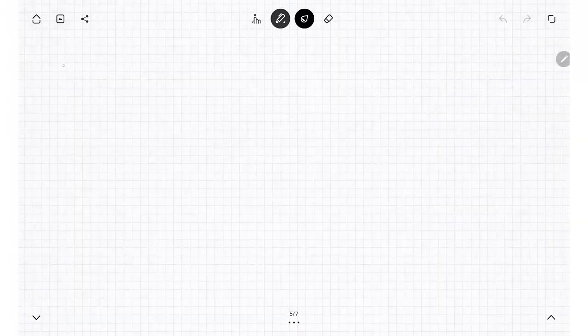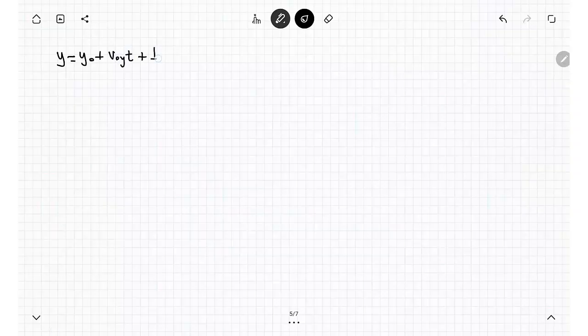So we can use y is equal to y0 plus v0y t plus 1/2 of the acceleration times t squared. So we know that this is 0 initially, this is 0, and then this equation is going to be y is equal to 1/2 of the acceleration times t squared.